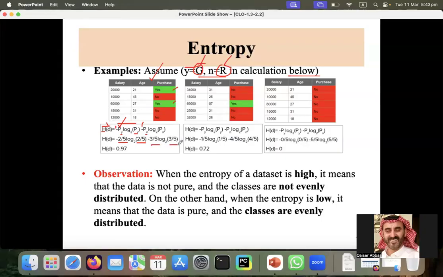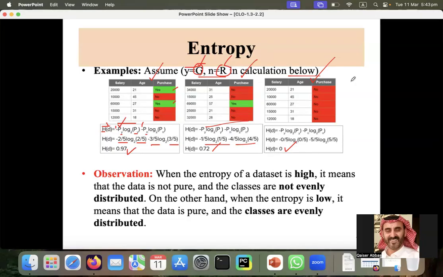Log 3 by 5. Calculate it, use the calculator, whatever, and you will get this value finally for the entropy. Similarly, for this case, use the same formula and use 1 over 5. Here the green is 1 over 5, same formula, and you will have this value of entropy for this data set.